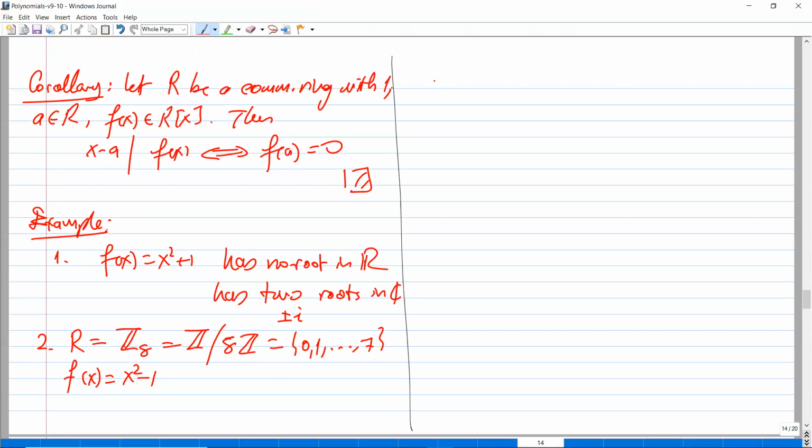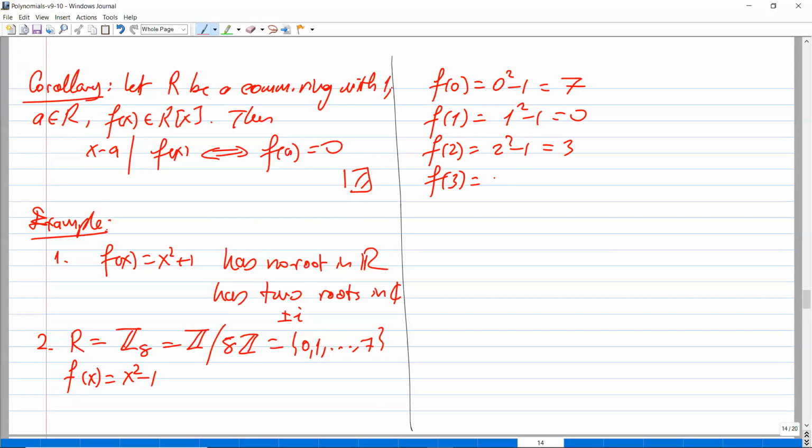Well, let's look at f of 0. f of 0 is 0 squared minus 1, which is minus 1, that is 7. And f of 1 is 1 squared minus 1, which is 0. And f of 2 is 2 squared minus 1, which is 3. f of 3 is 3 squared minus 1, which is 8, that's 0. And f of 4 is 4 squared minus 1, which is 15, and modulo 8 it is 7.